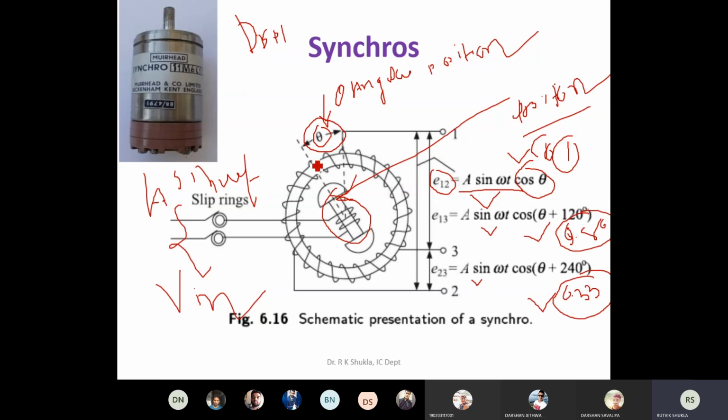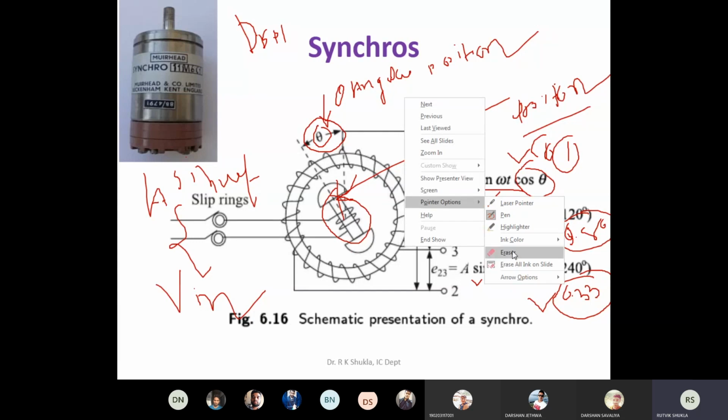It means whenever theta is 0, the rotor has acquired such a position in which you are expecting the maximum linkage between 1 and 2, or E12. Clear? That is the position in which you have the lowest reluctance. When rotor theta is equal to 0, it comes to a straight position like this.